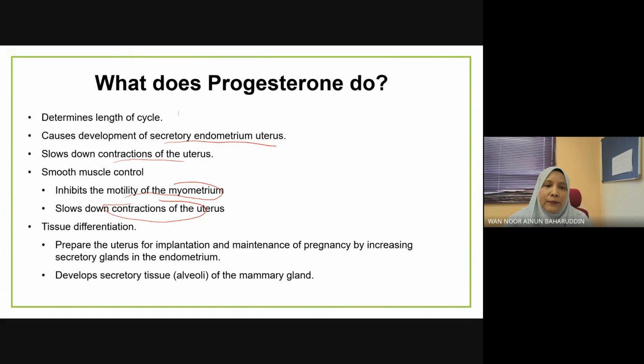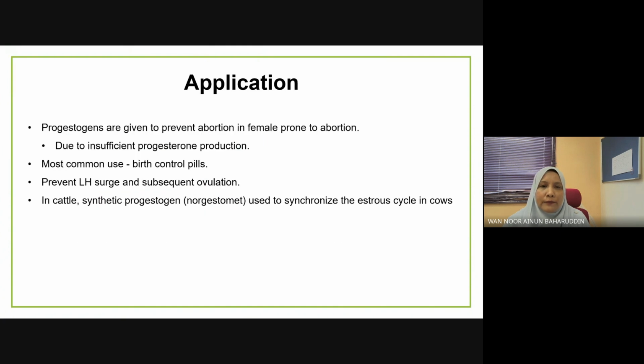Okay, for what? They prepare the uterus for implantation and maintaining of the pregnancy by increasing secretory glands in the endometrium, as well as developing alveoli in the mammary gland.